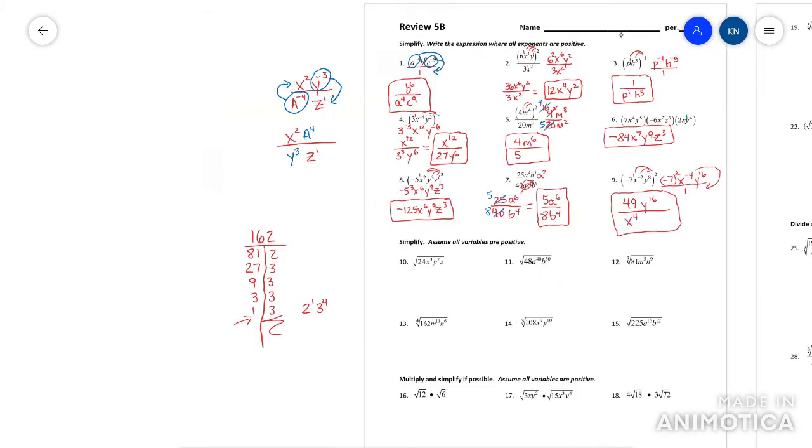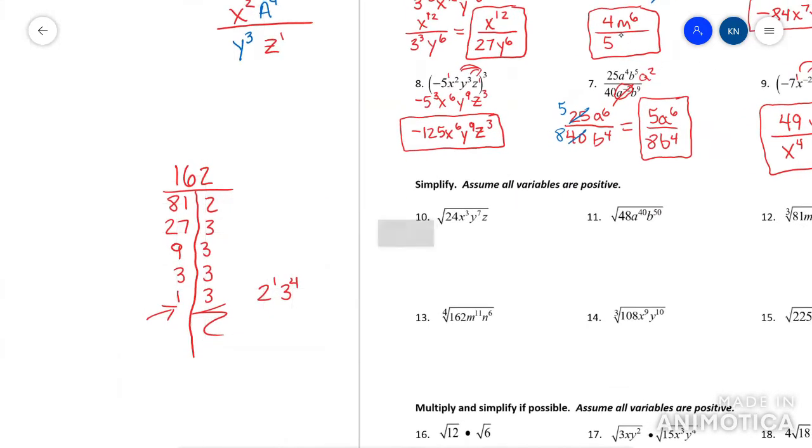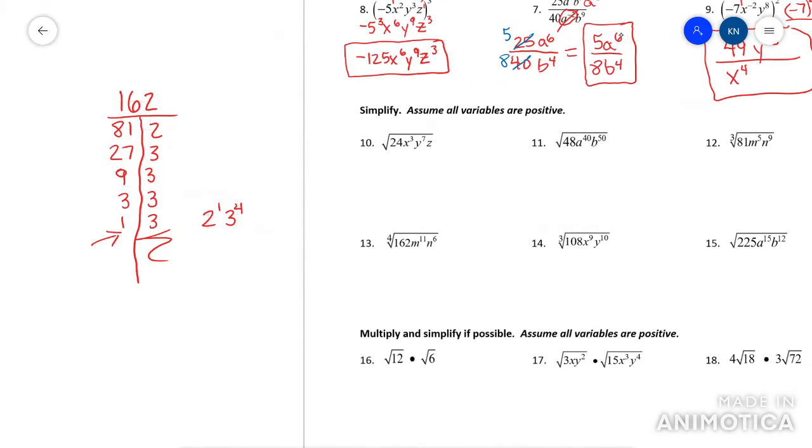If you break down 24, you will get 2 cubed times 3 to the 1. Then I had x^3, y^7, z^1. This is a square root. Okay. You have to take letters and numbers out of this root.